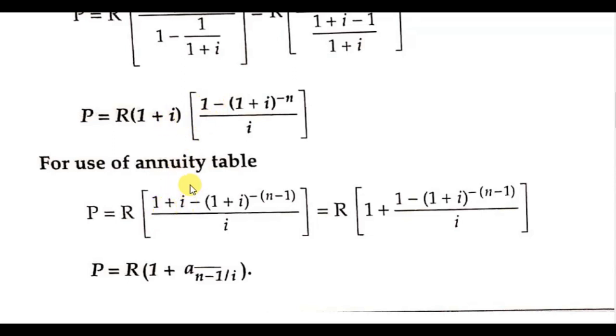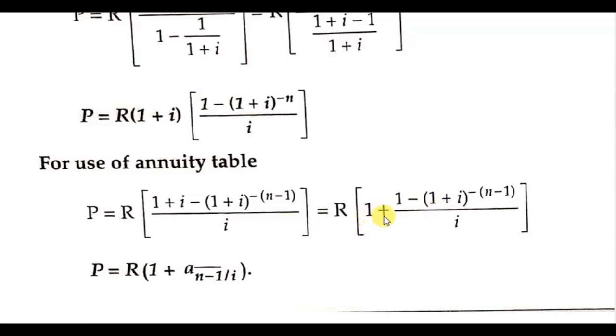So 1 plus I into 1 plus I power minus n will be 1 plus I power minus n plus 1. If you take minus as a common term, then you have n minus 1. Now the I got cancelled one time, leaving 1 by I, and the remaining terms are separated like this, and I by I is written as 1.